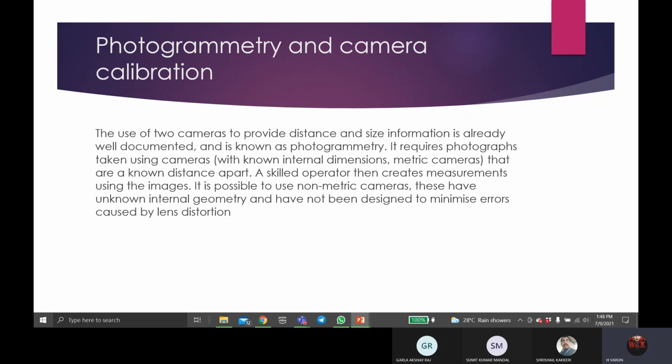The basic approach we can call photogrammetry and camera calibration. The use of two cameras to provide distance and size information is already well documented. That means one camera can be used for distance and another for size information. For example, nowadays phones come with three or four cameras, like macro lens and micro lens.